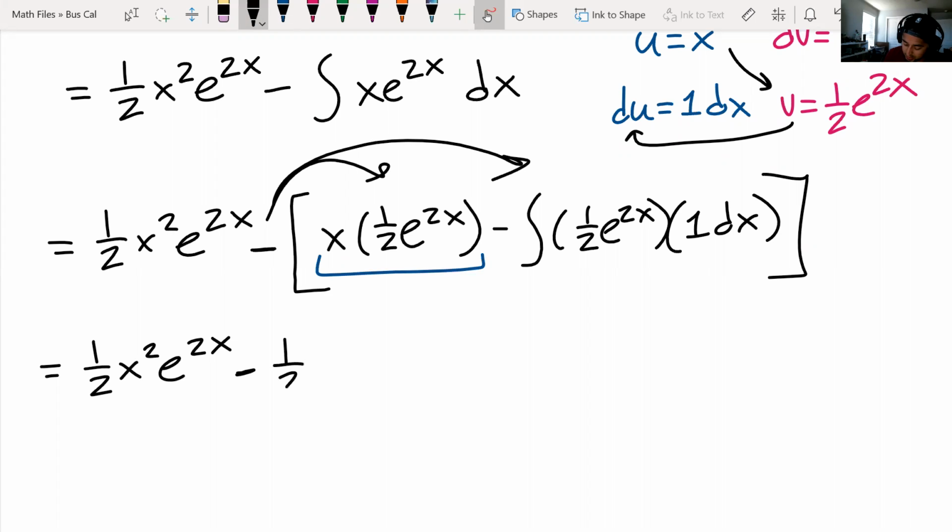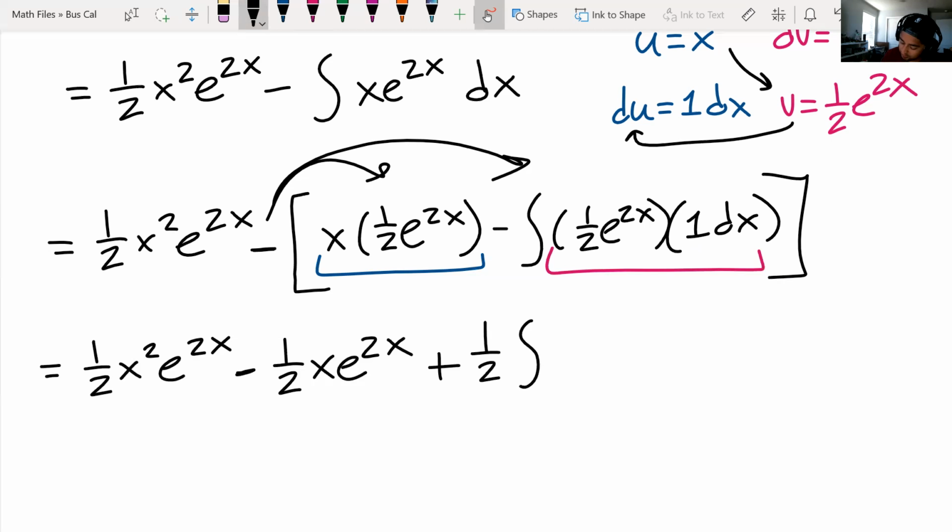So you'll get 1/2 x e to the 2x plus, and then for this term, I'm going to move that 1/2 out of the integral. And of course, 1/2 times 1 is just 1/2. So I'm going to move that 1/2 out. And you're left with the integral of e to the 2x dx.